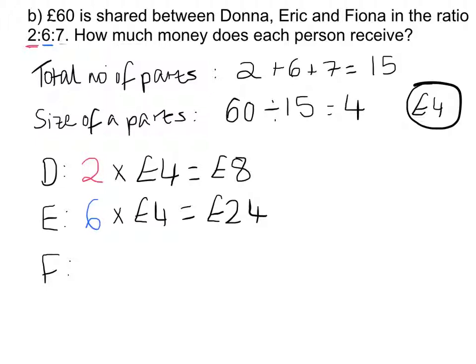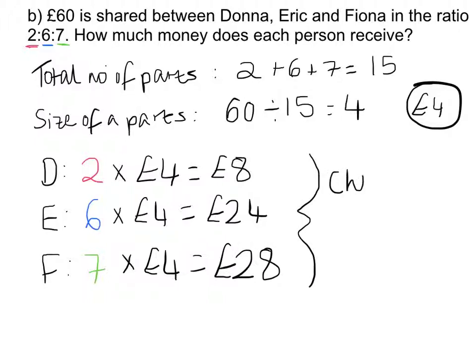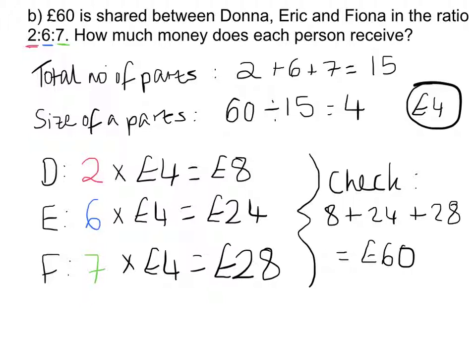And Fiona gets 7 parts, each of those is worth 4, so she gets 28. That's your final answer, but we can double check that we've probably got it right by adding them together. 8 plus 24 plus 28 gives us £60, which is the same as the amount we had in the question, so we've probably done it right.